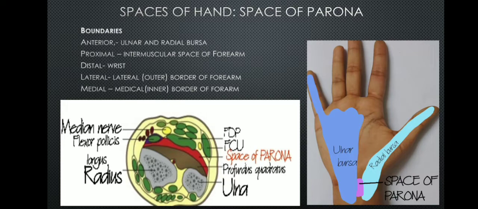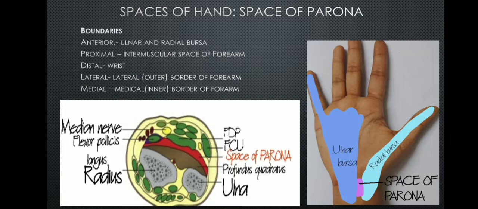Superficially the space extends up to the oblique origin of the flexor digitorum superficialis muscle, and inferiorly it extends up to the flexor retinaculum and communicates with the midpalmar space. The proximal part of the flexor synovial sheath protrudes into this forearm space.